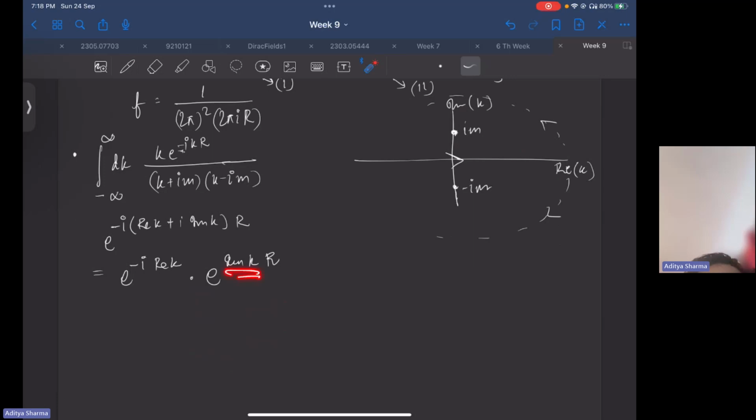But if you close the contour downwards, you're going to have negative imaginary k, and this term will nearly be zero, so the contribution from the arc is not very high.